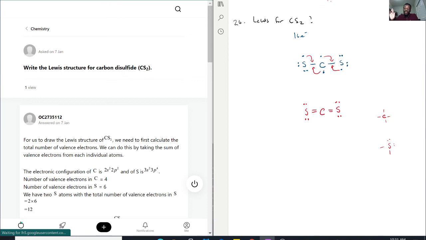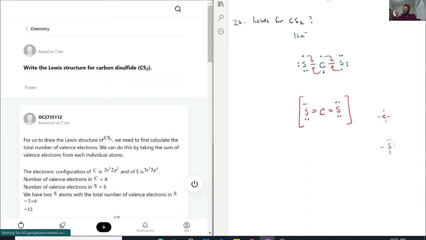And now let's see if we actually have 16 electrons. There's right now 8 electrons because there's 4 bonds. And then each sulfur now has plus 2, plus 2, plus 2, plus 2. So that's 8 plus 8, so 16 electrons total. This right here would be the Lewis structure for carbon disulfide.